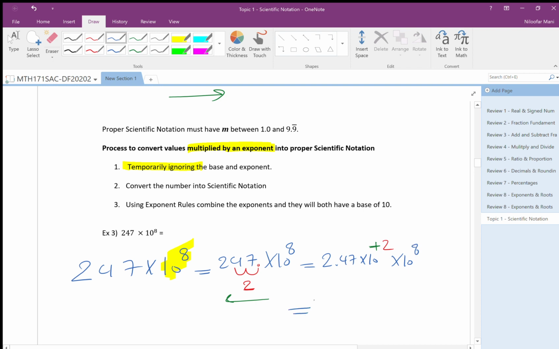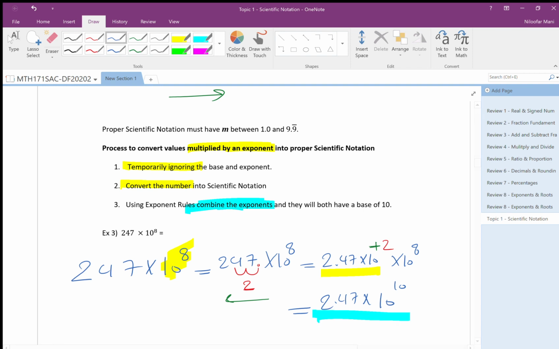So then I combine them. 2, 4, 7. I convert the same as before, and then using the exponent, combine. Okay, this is the combined one. So this is 2.47 times 10 power 10 because I add them.